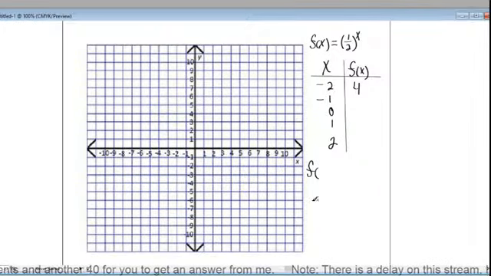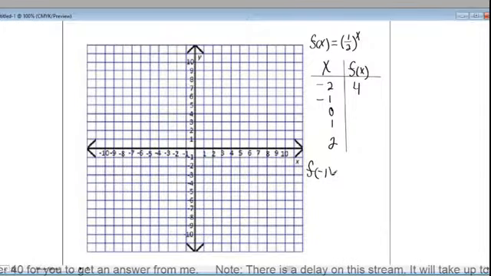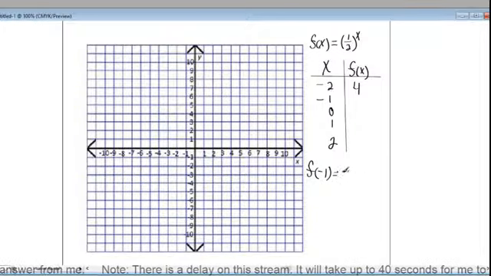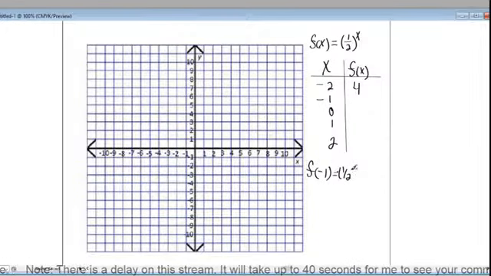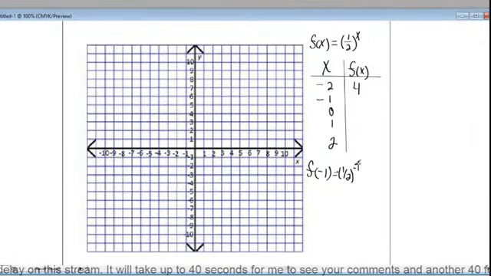Okay, so negative 1. If we plug that in there, again, this is 1/2 to the negative 1. So take the reciprocal. That's what that negative means.